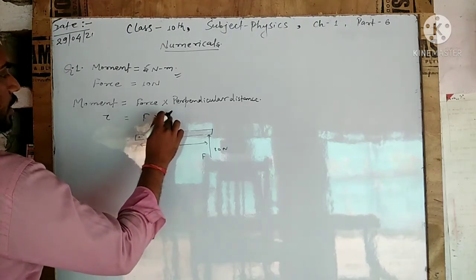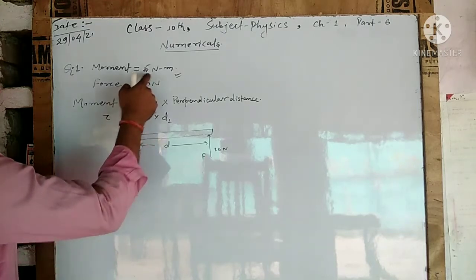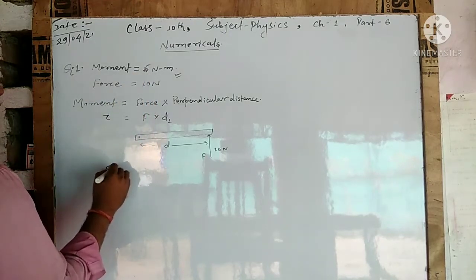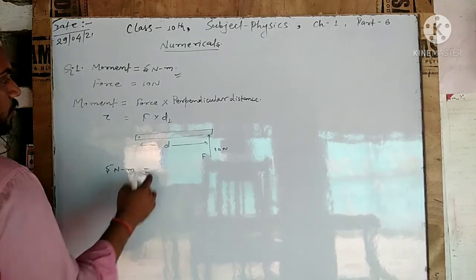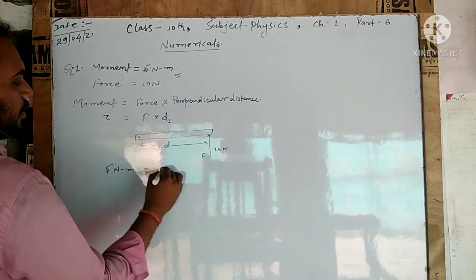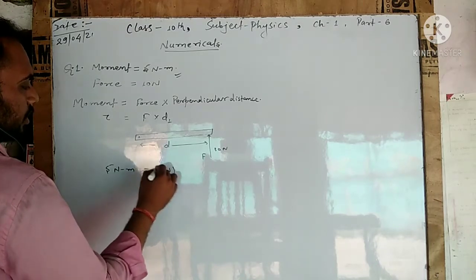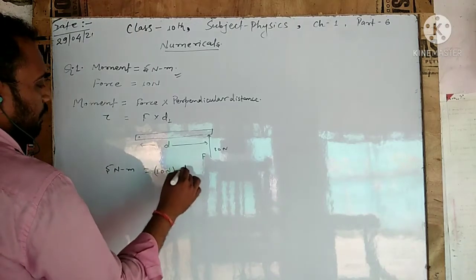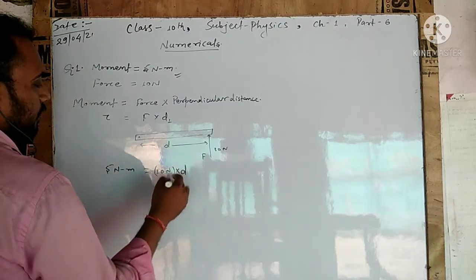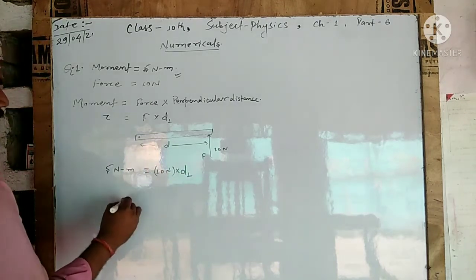Here it has been given that tau is 5 Newton meter, while force is 10 Newton. The distance is not given, we have to find it. It is so simple.